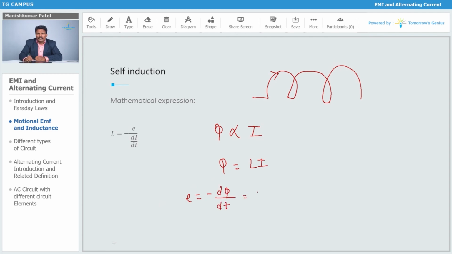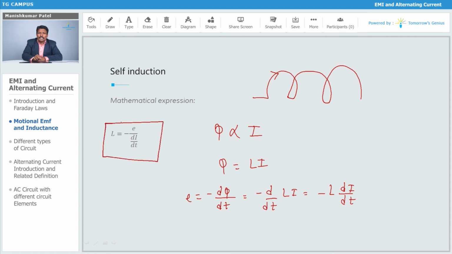So E equals minus d by dt of L I, which is minus L di by dt. Taking L common, E equals minus L di by dt. That is the same thing we have written over here.